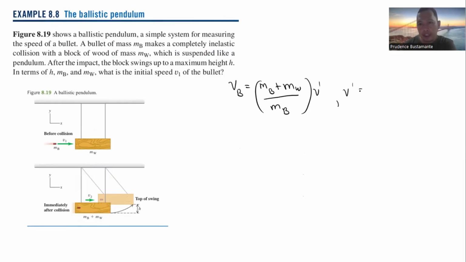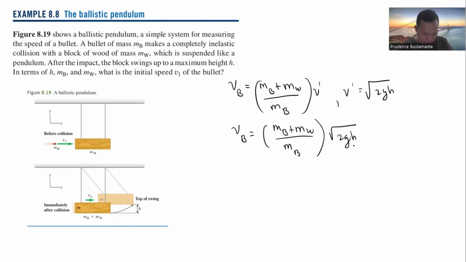Since v prime is equal to the square root of 2gh, as we have discussed, the velocity of the bullet is equal to (mass of the bullet plus mass of the wood) over mass of the bullet times the square root of 2gh. So this is how you determine the velocity of a bullet. This is what they do to determine the velocity of the bullet. Okay.